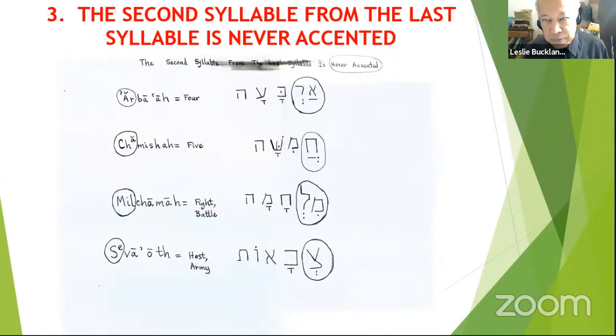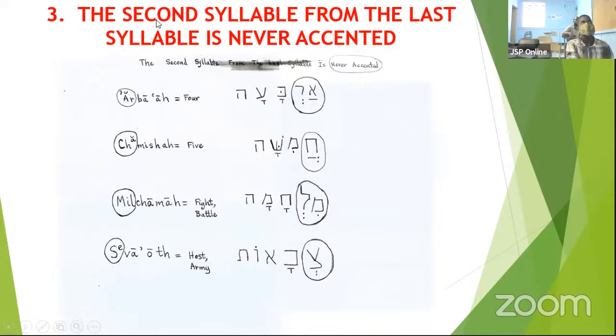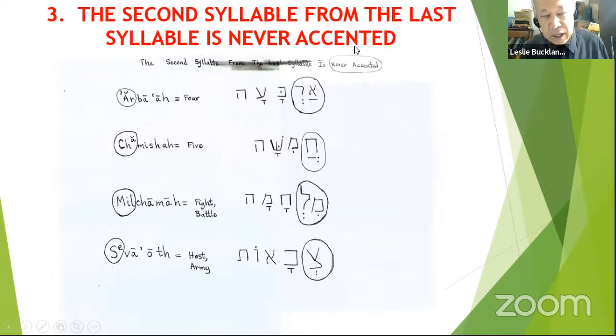Point 3. The second syllable from the last syllable is never accented. Now, let me just make this clear.